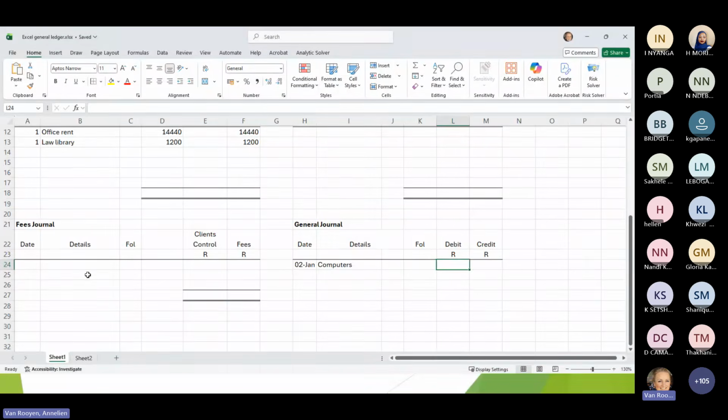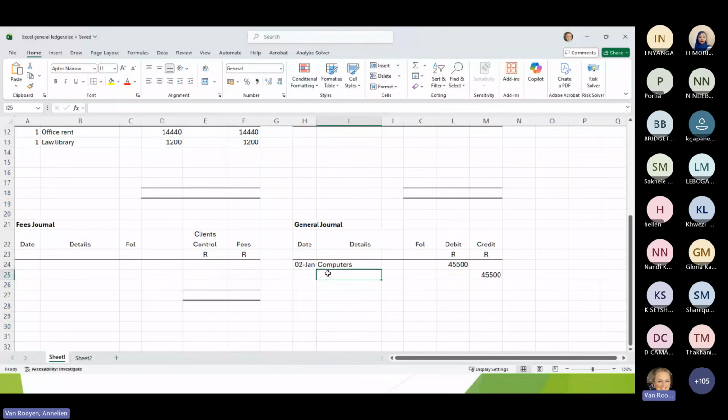And that is more, so it's on the debit side. An asset, remember, increases on the debit side. 45,500. And what goes on the credit side? Remember, it must balance, always balance. Debit and credits must be equal.